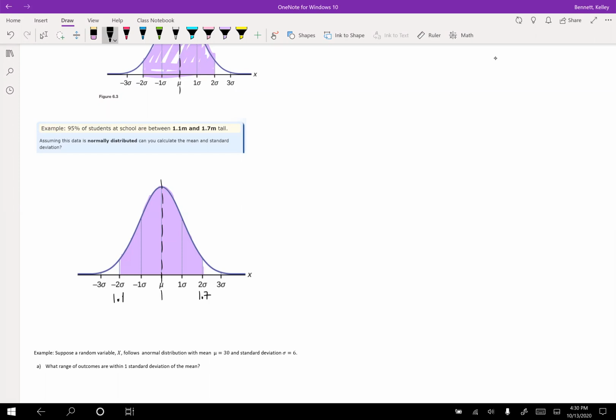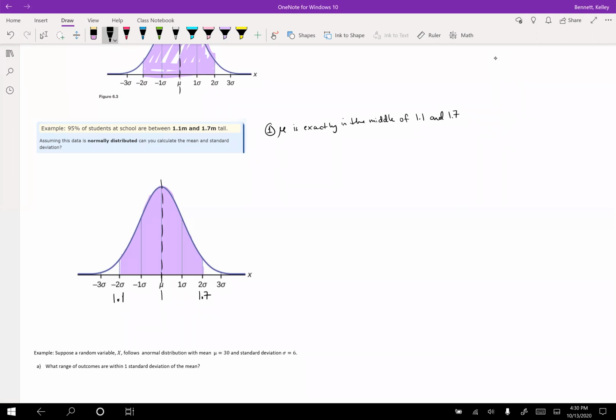But first of all, mu, the mean, is exactly in the middle of these 2 values because of symmetry. So how can I figure out where exactly in the middle is?